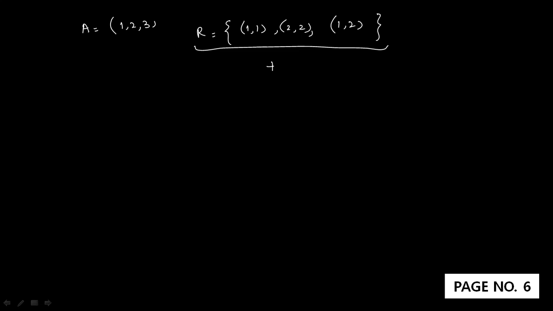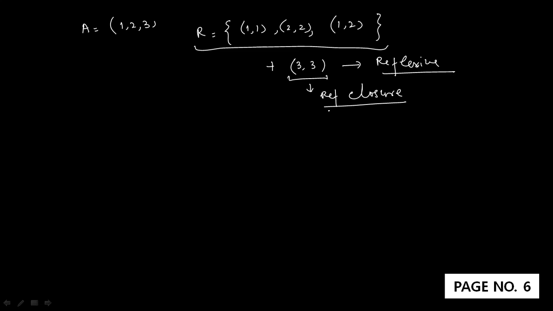Suppose I am adding (3,3) in this relation, then it will become reflexive. Now what about this set? This set is known as reflexive closure. By adding this pair, I can convert this relation into reflexive.